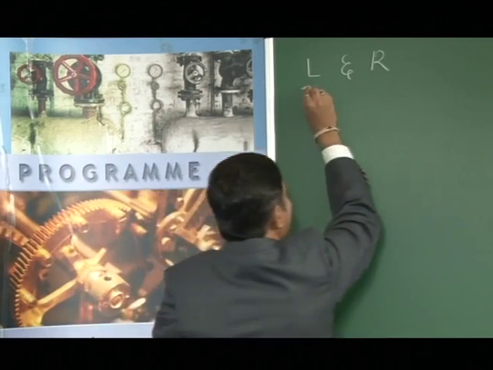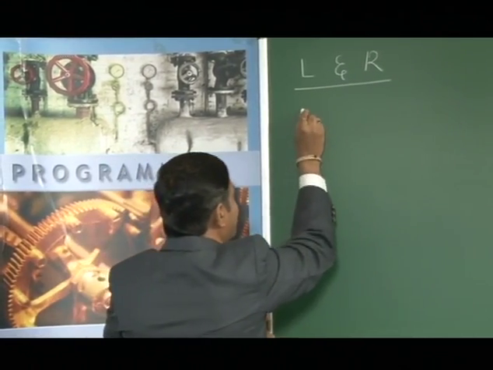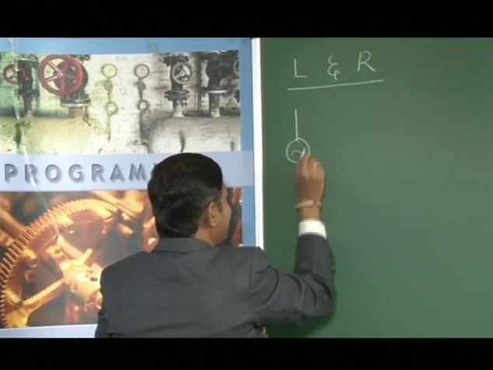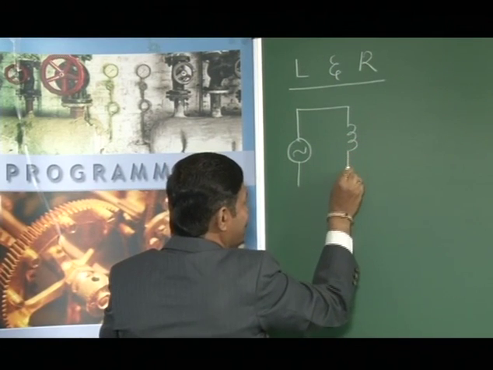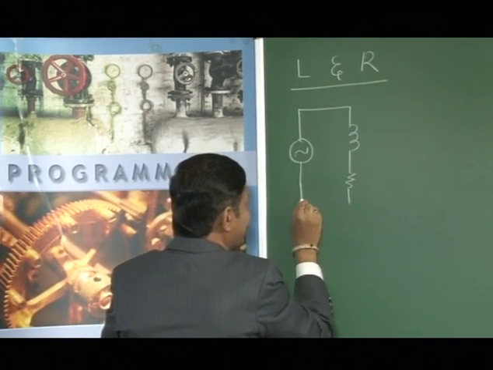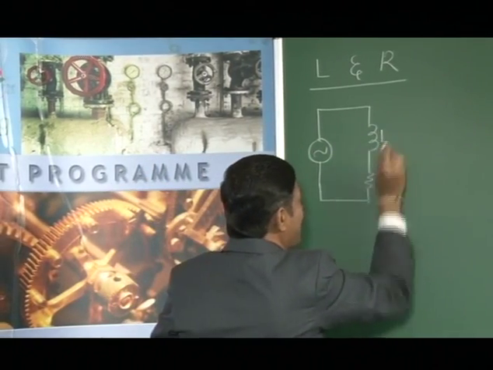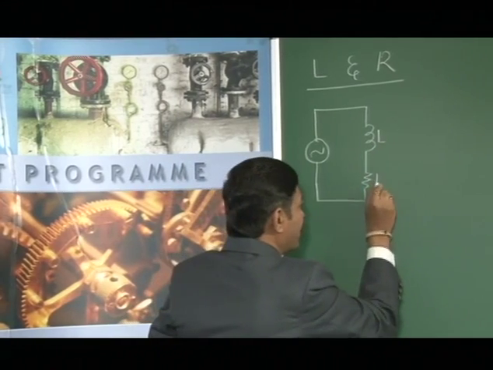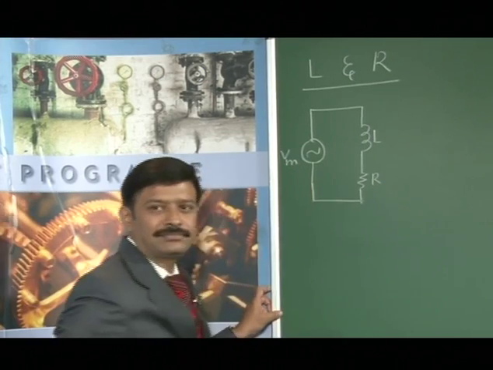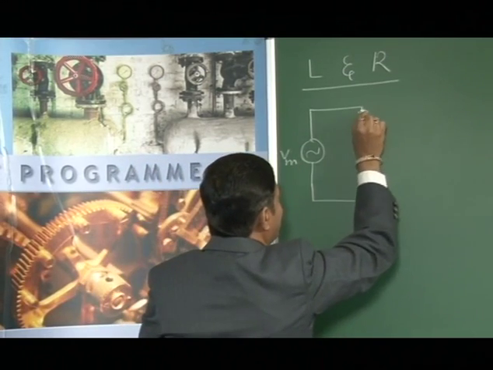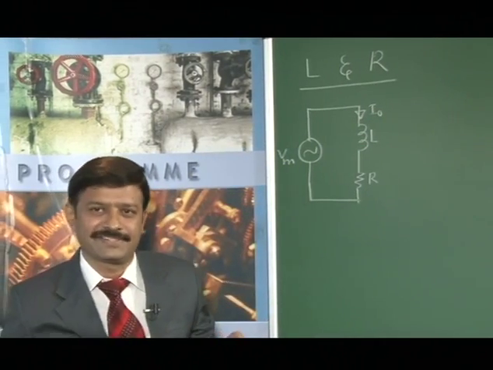So, I will take L and R initially and draw the circuit. It is an AC supply connected to the inductor and resistor, both connected in series. Represent this one as L, R. This is the voltage and current I naught is flowing through this inductor and resistor.